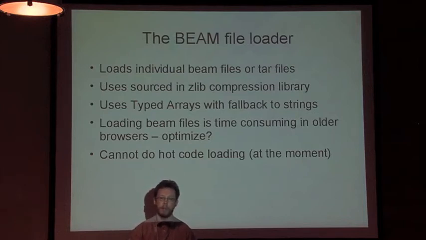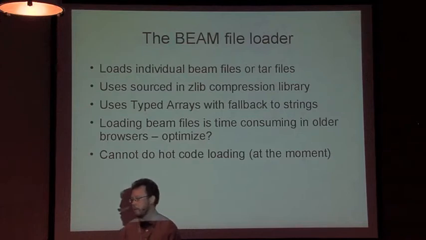And I quickly realized, because of the latency in the network, loading 30 or 40 single Beam files consecutively takes forever. So I built in a possibility to take a tar file of Beam files, and you load them all at the same time. That's basically what I do with the files in the standard lib and kernel application.